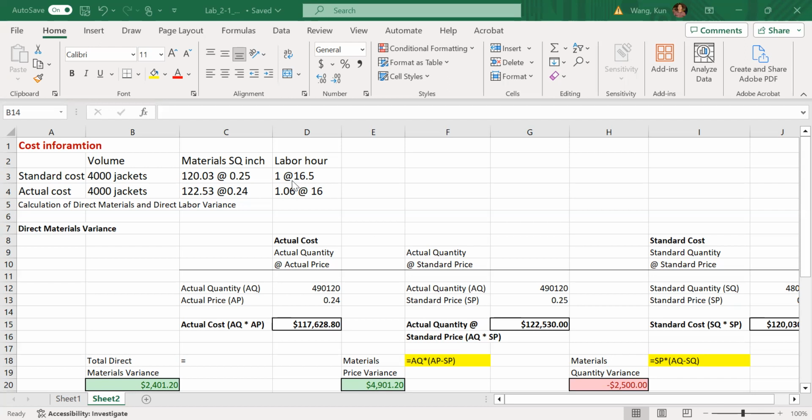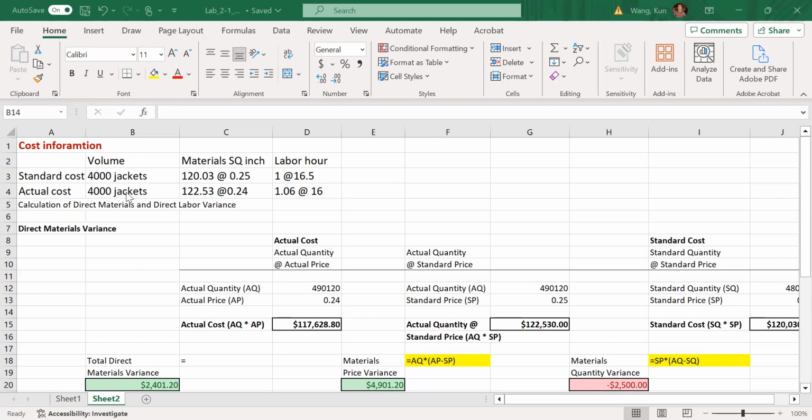So this is kind of a review of how to read the question correctly before you proceed to the analysis, or is related to the topic we covered in Accounting 232, standard costing and variances analysis.